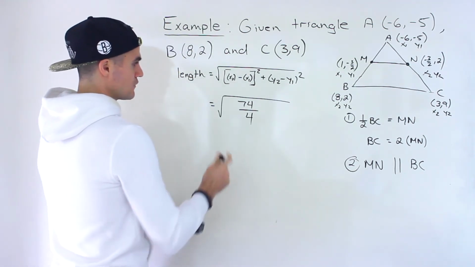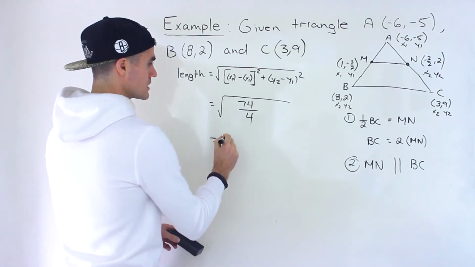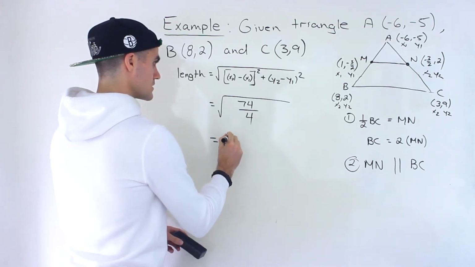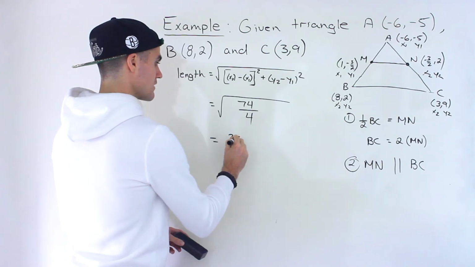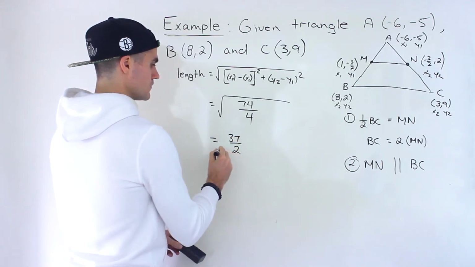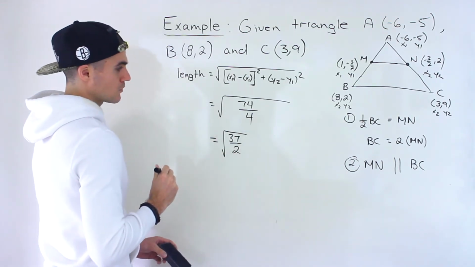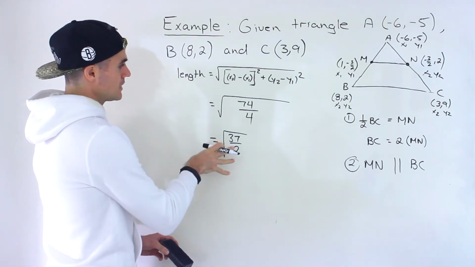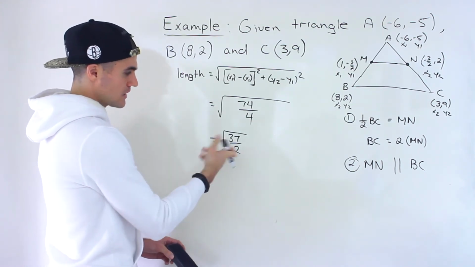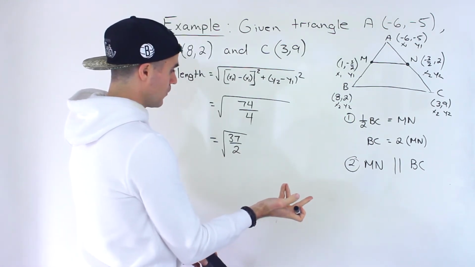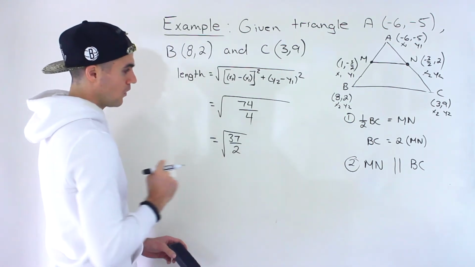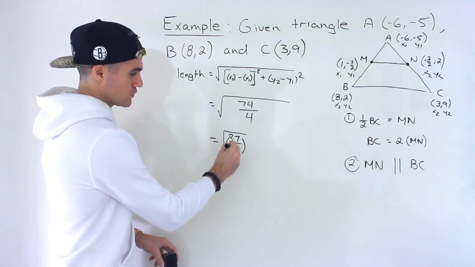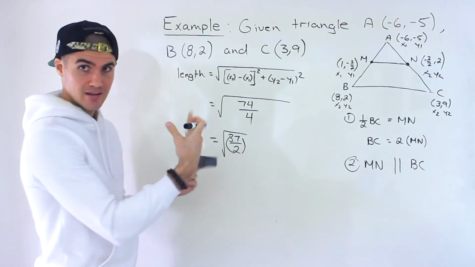And then 74 over 4 actually simplifies into what, 37 over 2. So I'll have the square root of 37 over 2 like that. And I'm going to keep it like this in exact values. You can get the decimals for this if you want. And if you do that in your calculator, just make sure you do the 37 over 2 first, which would be 18.5.